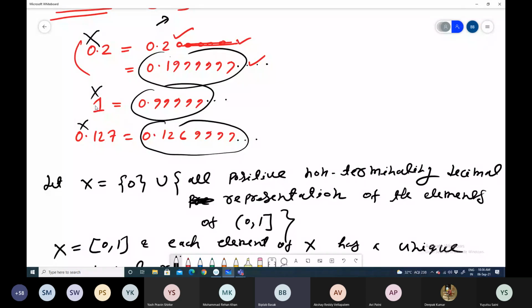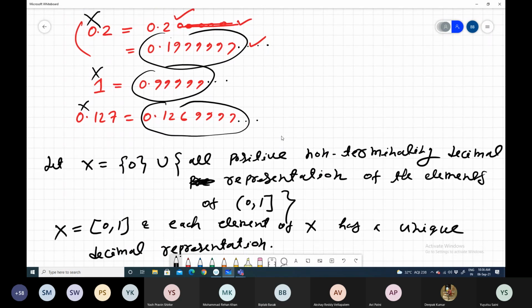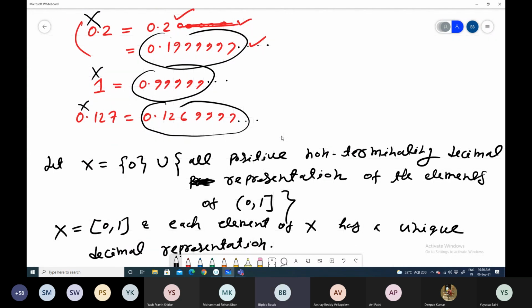Yes, I should give the dot, otherwise anyone can misread that. Now it is fine, right? So they are the same number. Thank you for the correction.